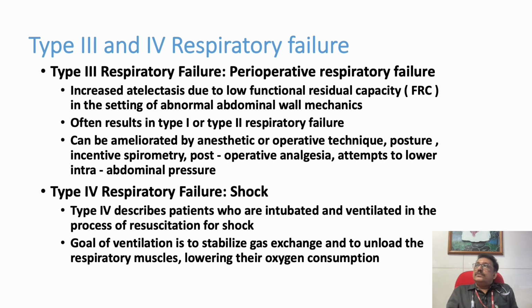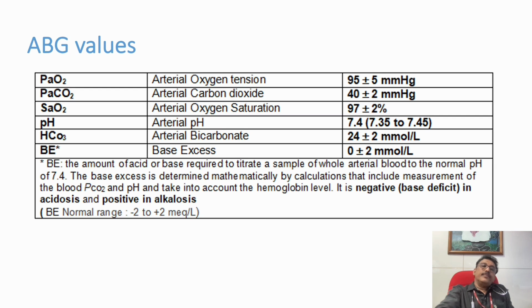So these two types of respiratory failure are not very significant clinically. The treatment aspects for type 1 and type 2 are very important, but type 3 and type 4 are just like treating type 1 and type 2. That alone is enough, and you can remove the problem. That is, the precipitating problems are very important in type 3 and type 4.